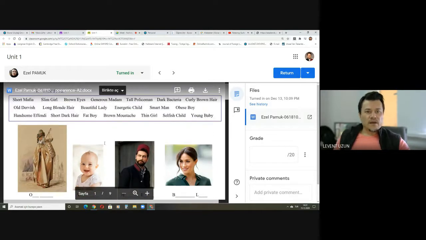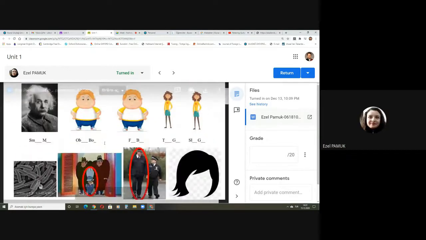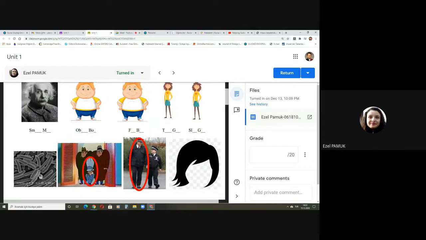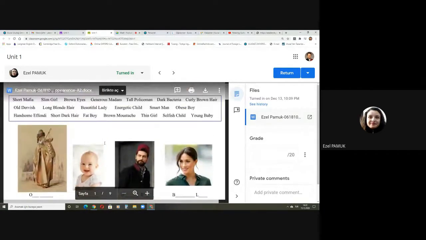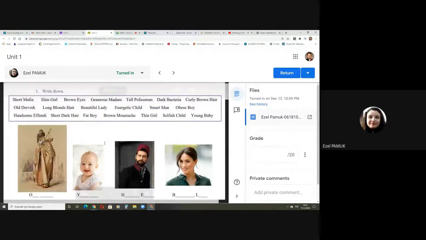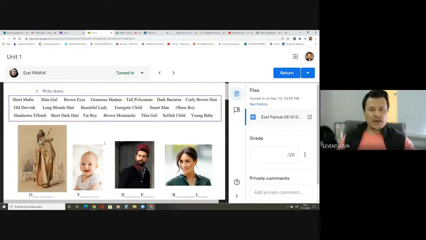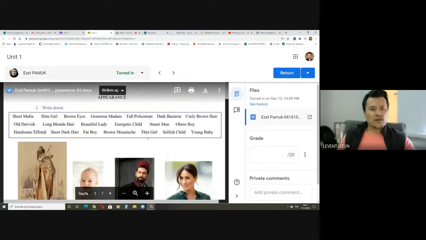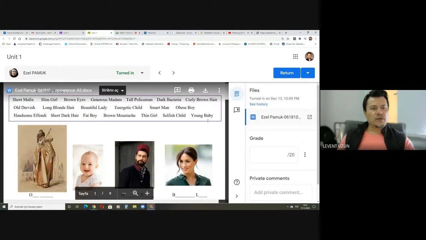Actually, I gave it with antonyms. You know, old dervish, young baby, handsome effendi, and beautiful lady. Old dervish, young baby, baby is cognate. Okay, baby is cognate.